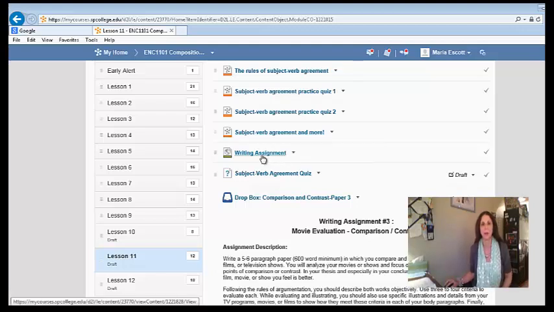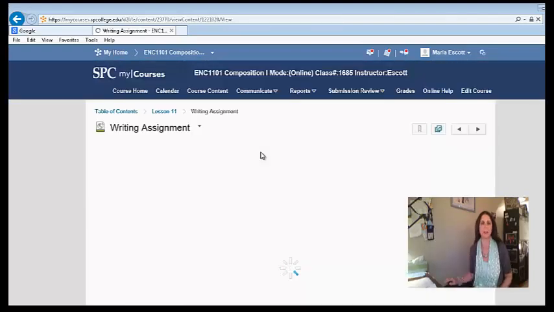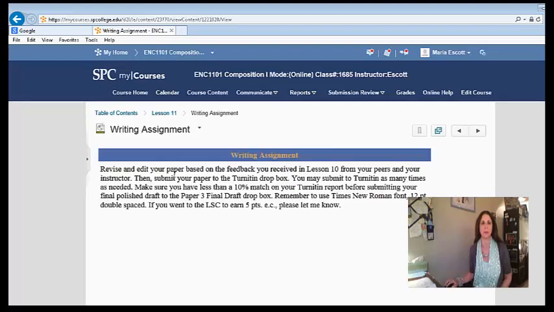All right, so now your writing assignment, you can read this, then it just gives you the information. If you scroll down further, you're going to put your paper in the turn-in drop box, which is a little bit below. We'll look at it. Remember, if you went to the LSE to get your 5 points extra credit, please don't forget to make a note. Sometimes it's best to do it right on the bottom of your paper when you submit it. This way I don't forget to give you your extra credit.